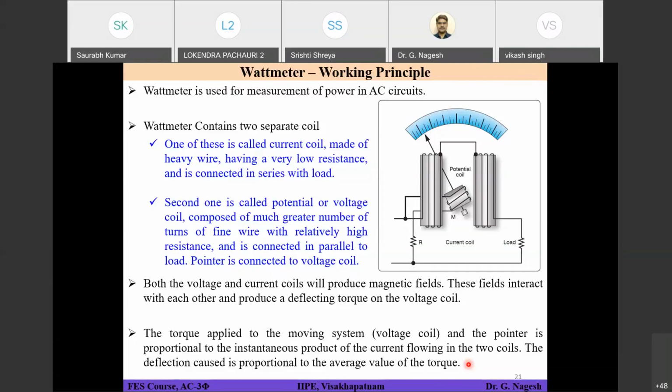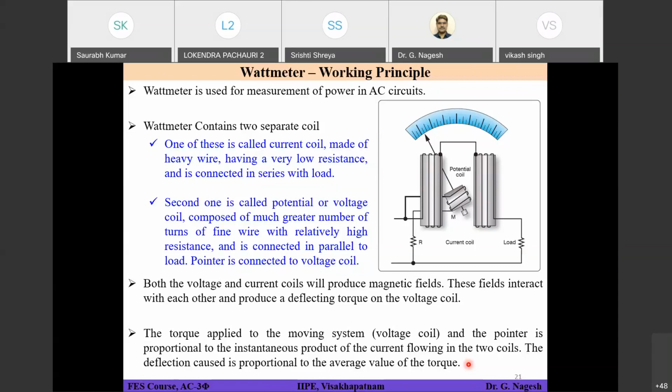But in the potential coil, we don't want more current to flow, because if it flows, obviously some losses will take place. If there are losses, your wattmeter itself is consuming some amount of power, so the measured power will not be accurate.